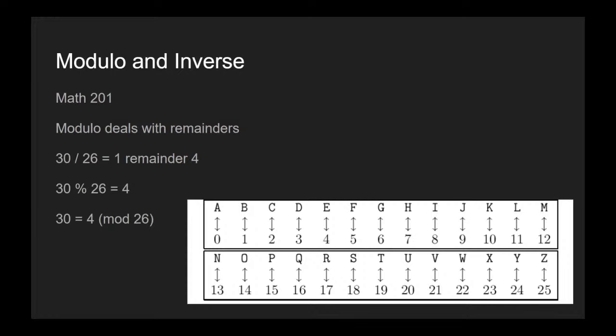So why do we care about these mod numbers? Well, we can take that 4 and turn it into a letter. If we take mod 26, that means the numbers 0 through 25 are possible remainders, because the way division works, if you take something divided by 26, you can either have a 0 remainder, i.e. it divided perfectly, or you can have a remainder all the way up to 25. Because once you hit 26, you're back to a 0 remainder and the process repeats.